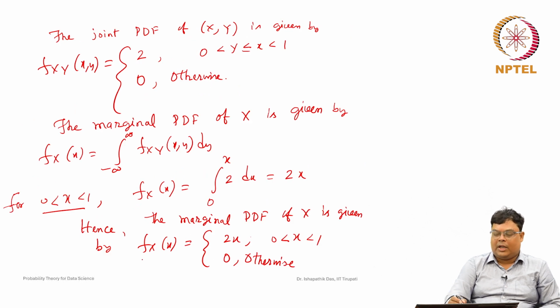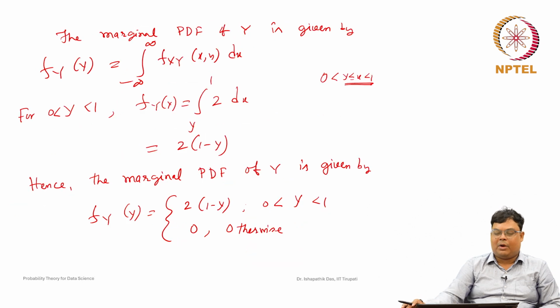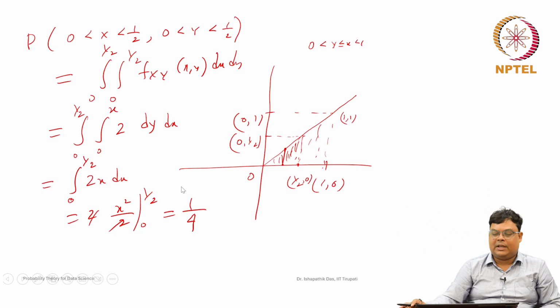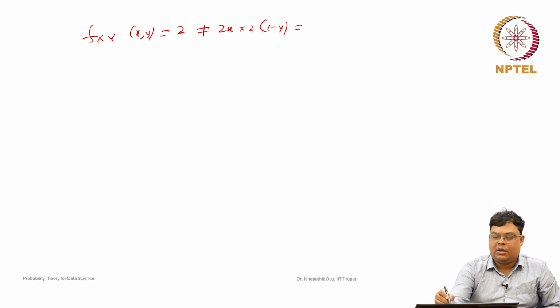Now, f_X(x) is 2x and f_Y(y) is 2 into (1 minus y). Obviously, f(x,y), which is 2, is not equal to 2x into 2(1 minus y) in general.